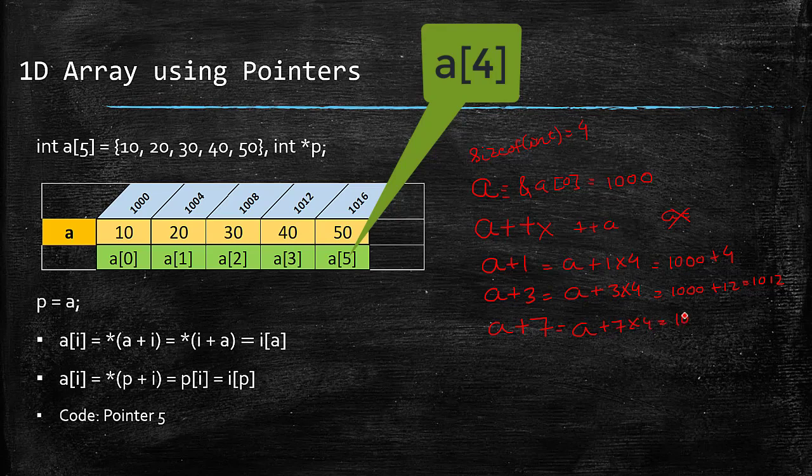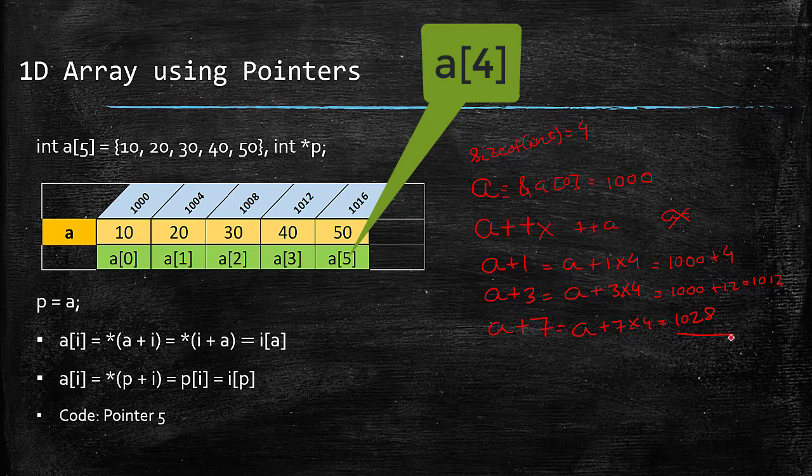Remember, this is a valid address in memory for this memory configuration. That address is not present in our array, but by using the array name, we can access this memory location, which is a valid memory location.